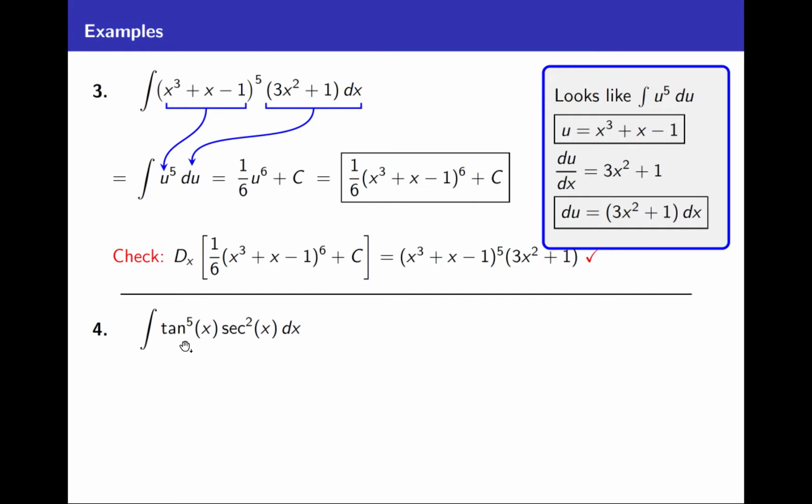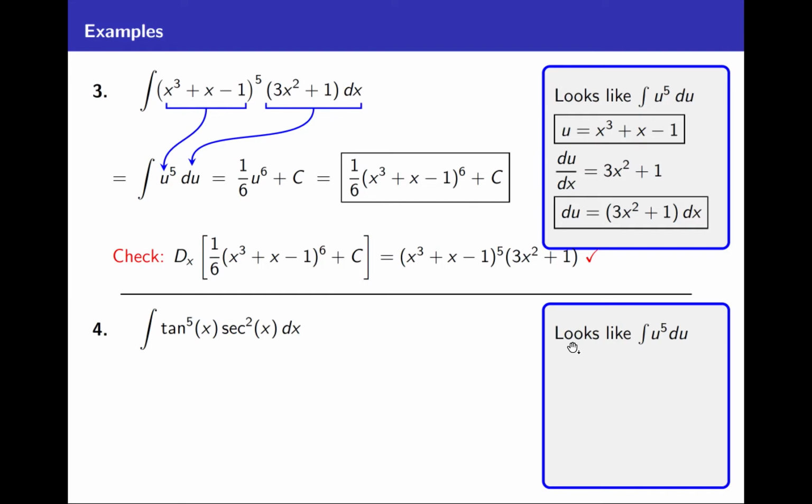It's kind of complicated, but if you look here, you have a tangent of x to the power of 5. That's like a u to the power of 5. So you might think to yourself, this looks a little bit like the integral of u to the fifth du. And you could find that integral with the power rule.